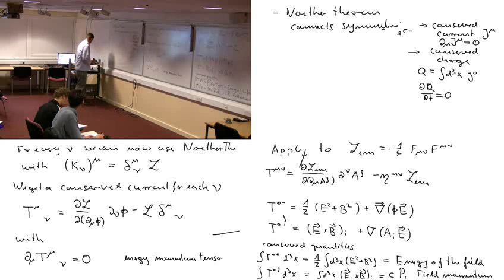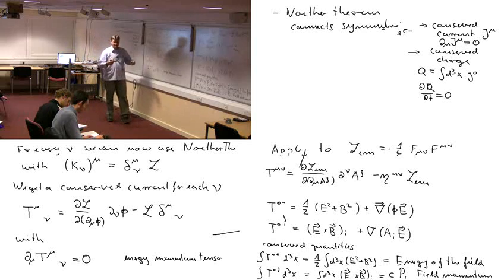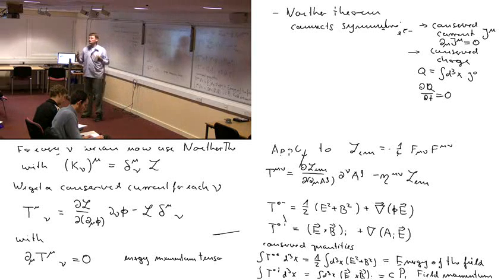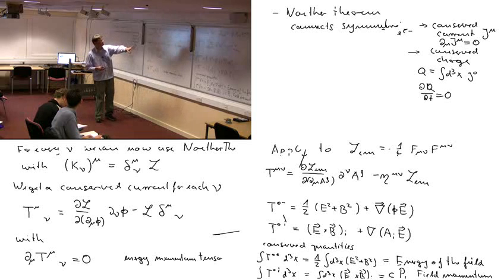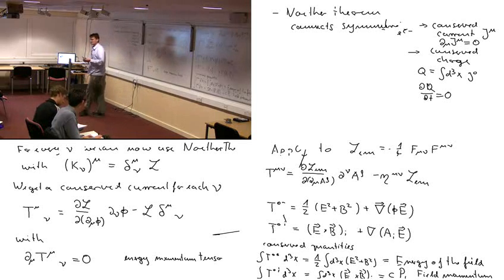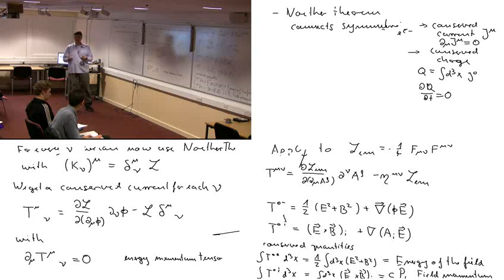And this has really wide applications. You can determine conserved quantities like the charge in electrodynamics from its internal symmetry, but you also get energy momentum conservation by looking at the Lorentz symmetry and the translations more precisely.